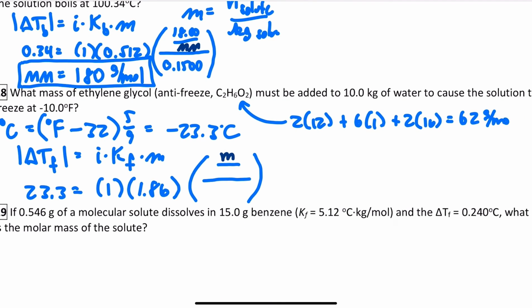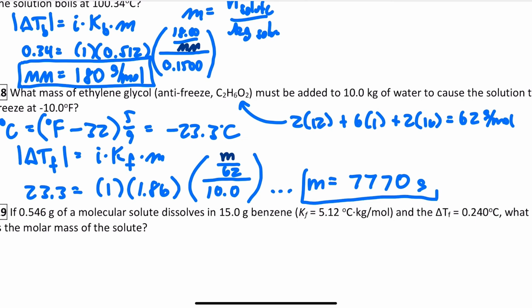That's our molar mass of the solute. So in our molality expression here, I have an unknown m divided by 62, and then the mass of solvent is 10.0 kilograms. So we rearrange and solve, and you get your mass of solute to be 7,770, and that's grams.